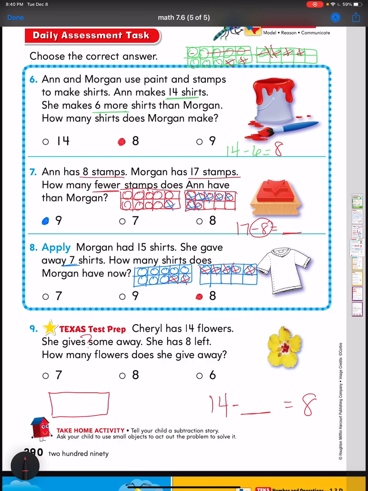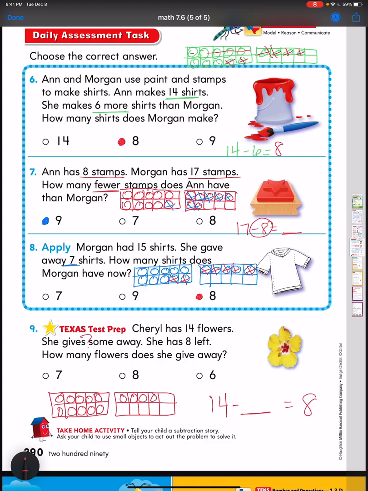So I'm going to draw my 10 frames down here. There's my 10 frames, so I have 14. I know that's a 10 and 4 ones. Okay, I need to figure out how many to take away to give me 8.